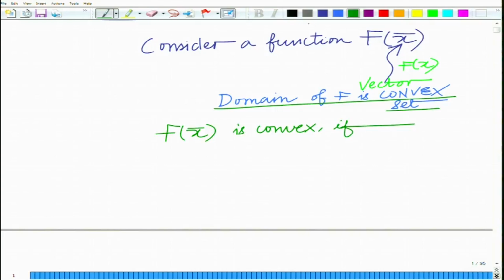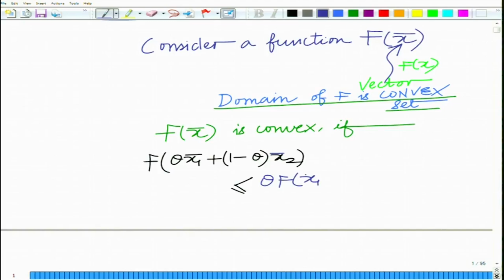if the following property is satisfied. If you have 2 points x1 bar and x2 bar, and you take a convex combination, theta times x1 bar plus 1 minus theta times x2 bar, and you evaluate the function at that convex combination, that has to be less than or equal to the convex combination of the values of the function itself at x1 bar and x2 bar.